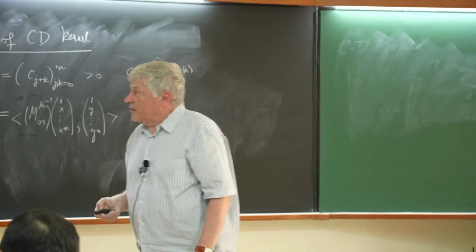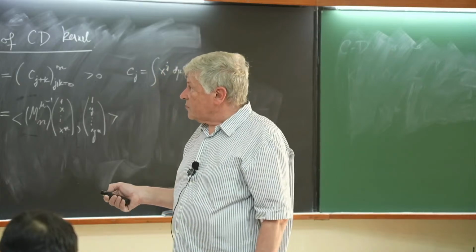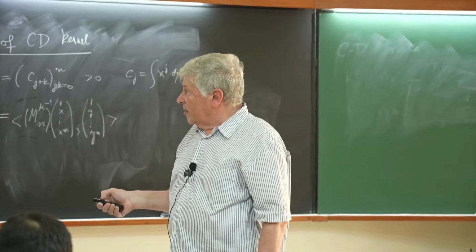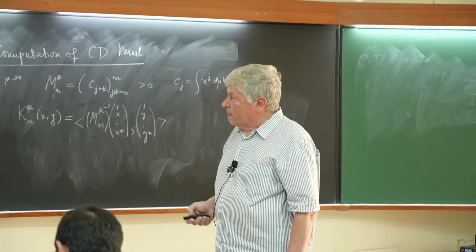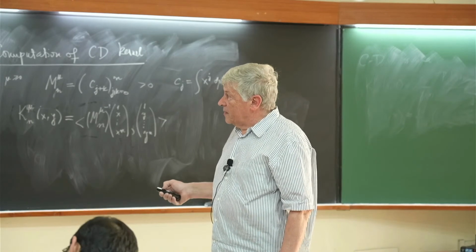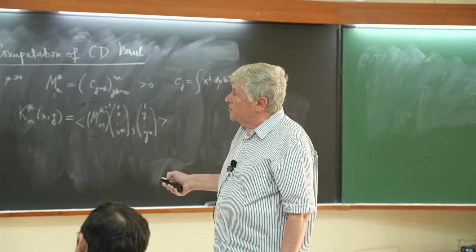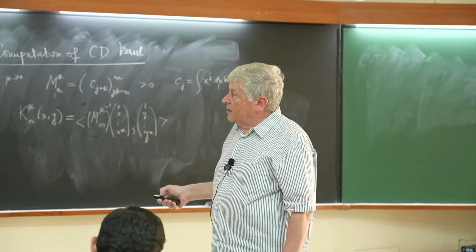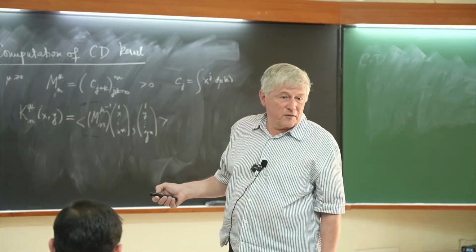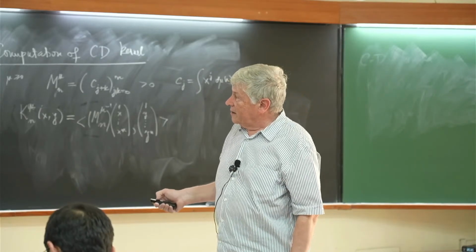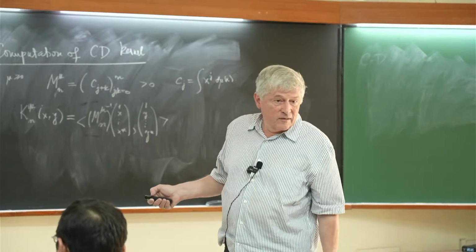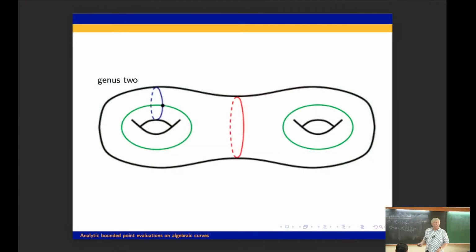Let's take this very simple example. If I take the blue curve, the complement, let's say one point is at infinity, this is a hyperelliptic function. The complement is connected. So you don't expect bounded point evaluations, that would be everywhere. If you take the green curve, again. But if I take the red one, this disconnects. And for this one, the question is perfectly fine and open.